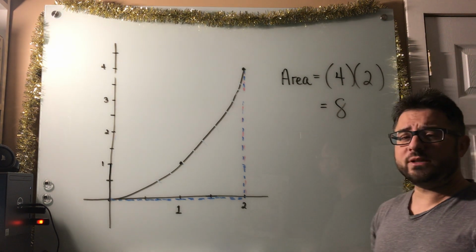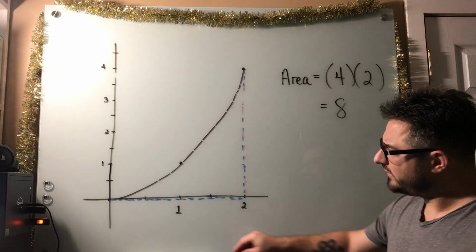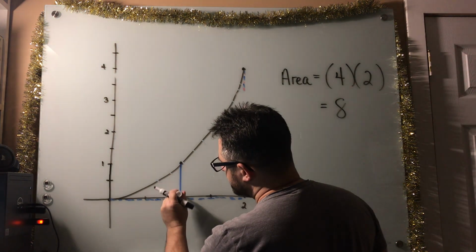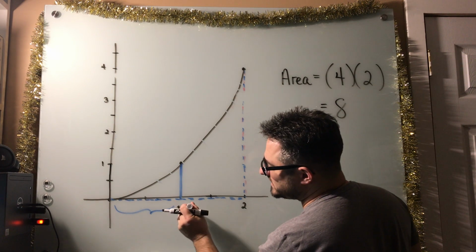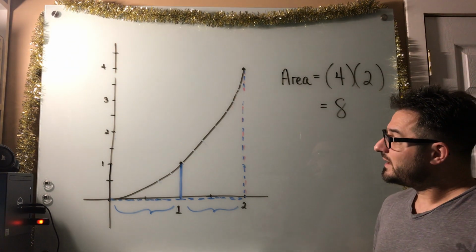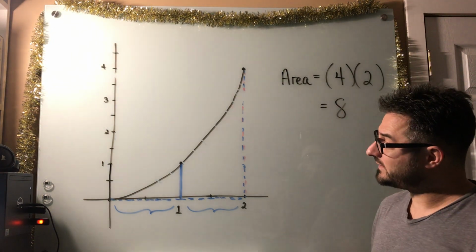So, what if we try subdividing the region? What if we treat this as 2 separate intervals that just happen to be attached to each other? Each one, we can follow the same guidelines for building a rectangle on.